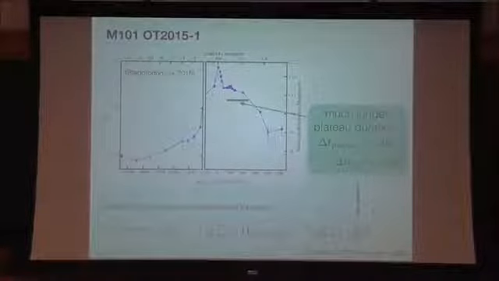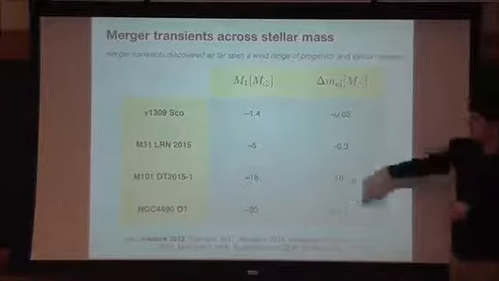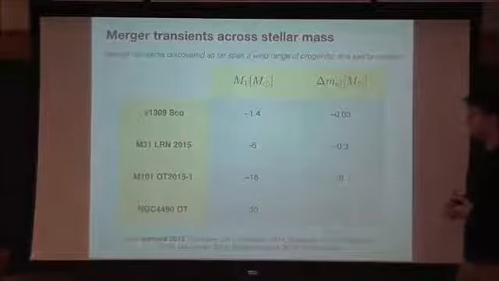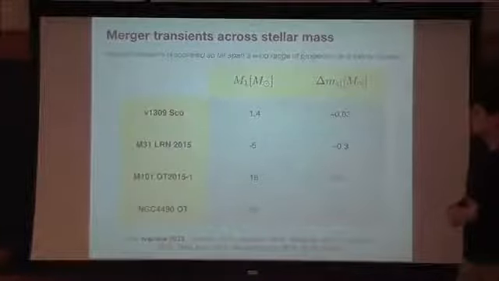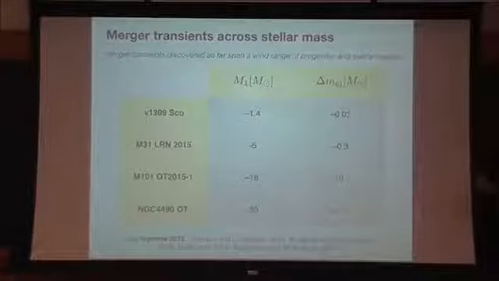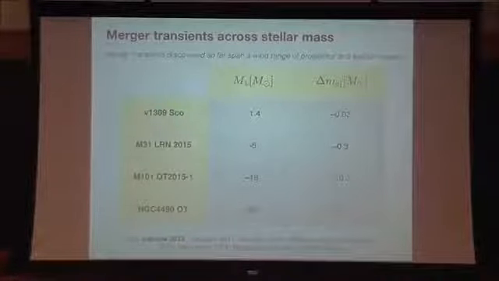So stepping back a little bit, if I apply those same scalings to a range of objects, the first thing to notice is that these are a few of the best studied of this class of transients. They have a range of stellar masses from around 1 to around 30 solar masses. These are all photometrically and spectroscopically similar.